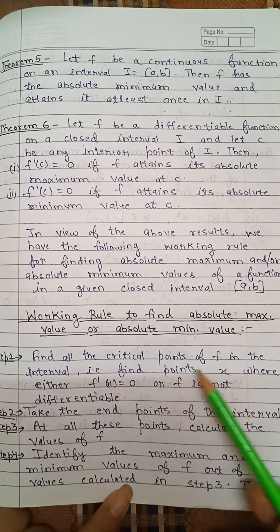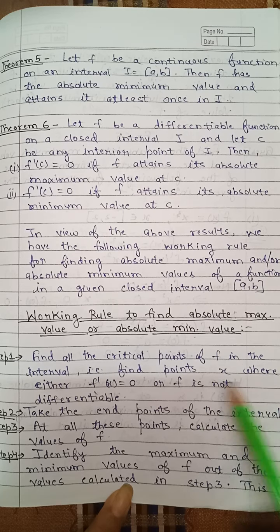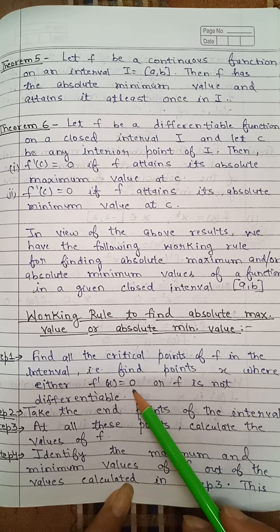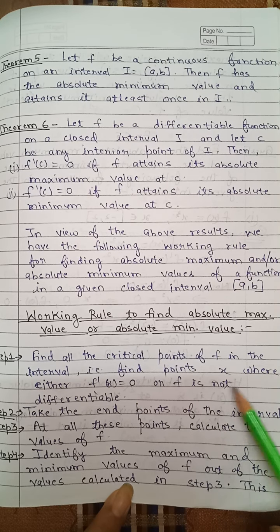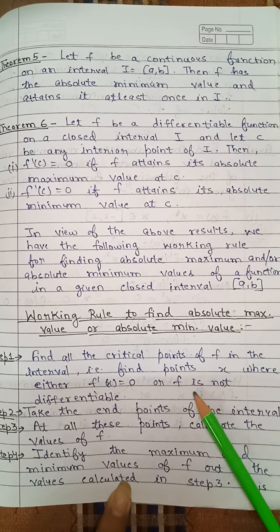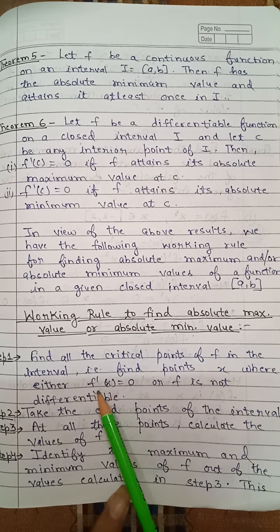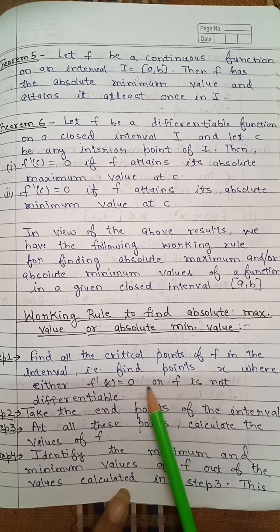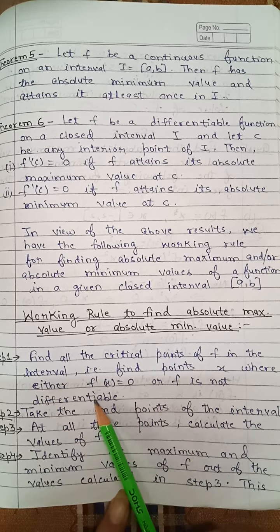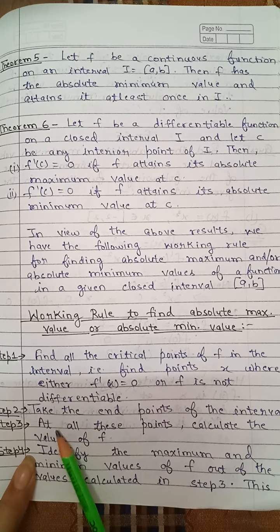Find all the critical points of f in the interval, that is, find points x where either f'(x) = 0 or f is not differentiable. So first, we will find the derivative of the given function, equate it to 0 and find all the critical points of x wherever f'(x) = 0.